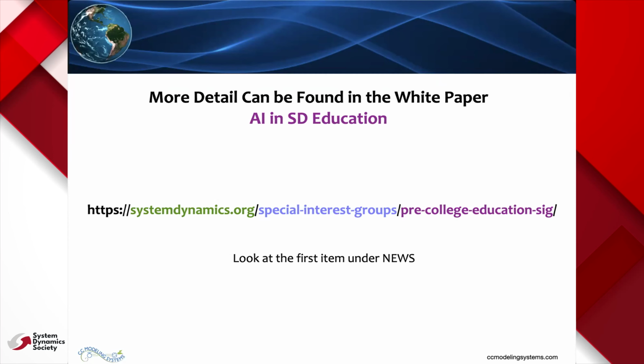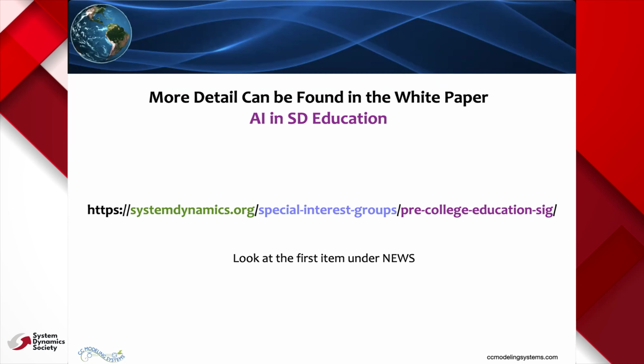If you go to systemdynamics.org, special interest groups, pre-college education SIG, and look on the main page under news, the very first thing is this white paper, and you can locate it and get a copy yourself. I think it would be very, very helpful.